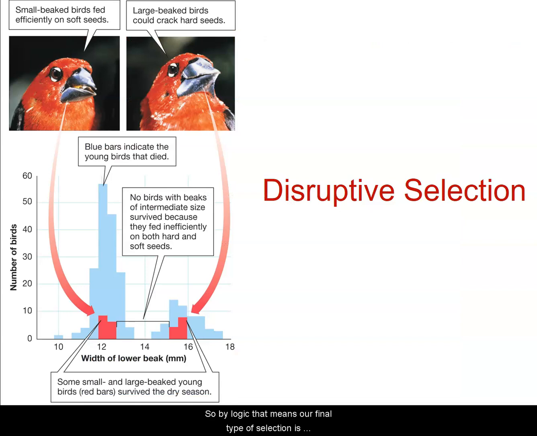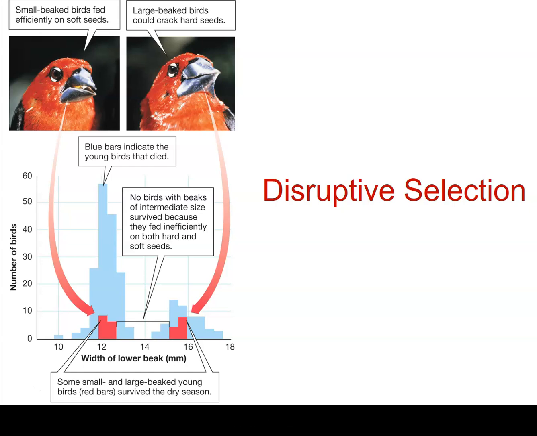So by logic, that means our final type of selection is called disruptive, where the intermediate phenotype disappears or has a less frequent number of individuals relative to the extremes. And this has happened on the Galapagos with a different species of Darwin finches. And again, it overlaps very much with environmental conditions changing.